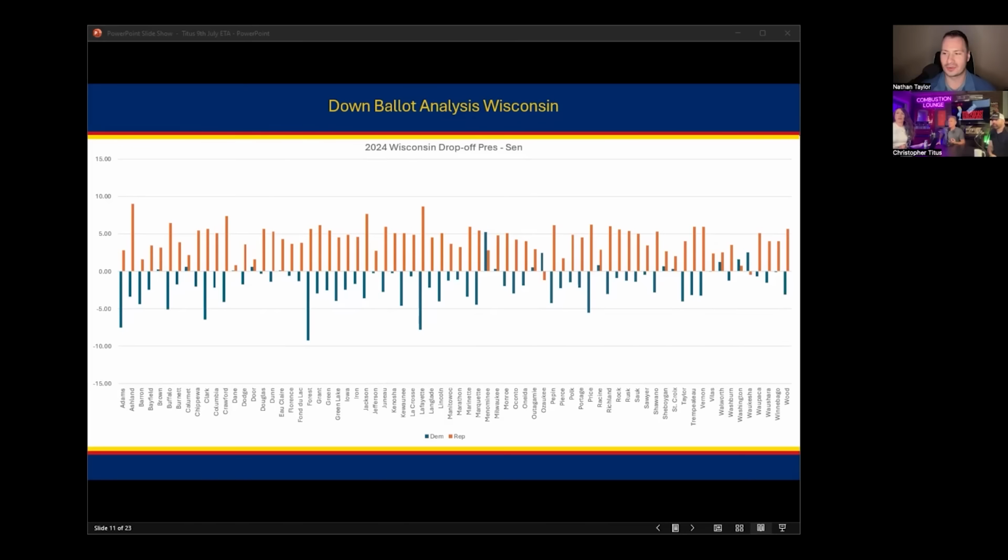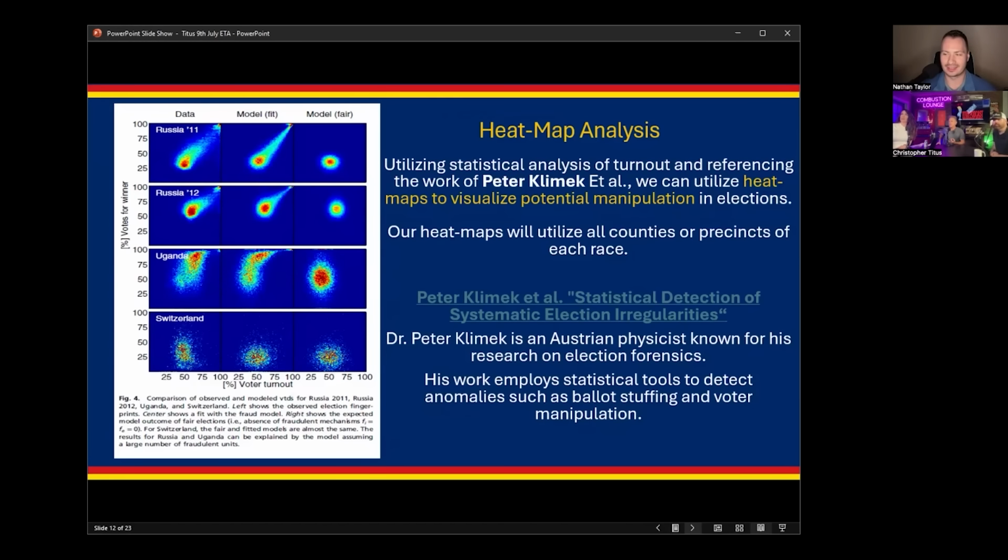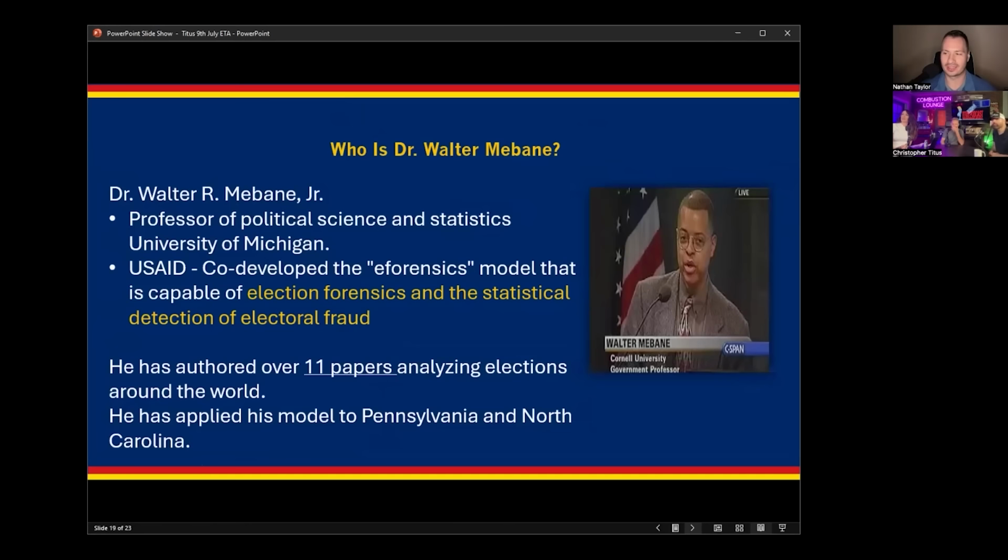We need to get Neil deGrasse Tyson on some of this to look at statistics, because statistically this is impossible. This couldn't happen. I'm glad you bring that up. We did, in fact, go to an election expert, and I'll jump to that point. Dr. Walter Mebane, one of the leading election fraud experts in the United States, if not the world. He is renowned for his experience.